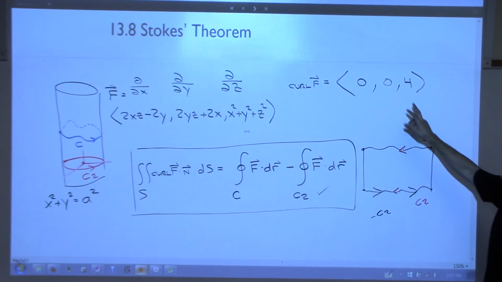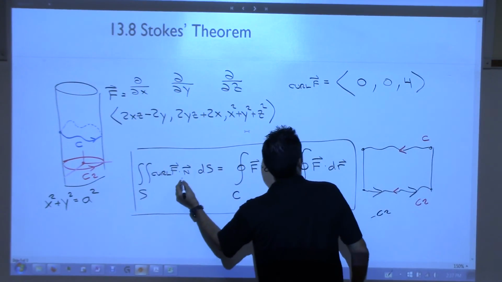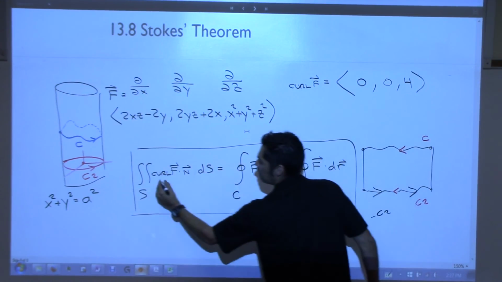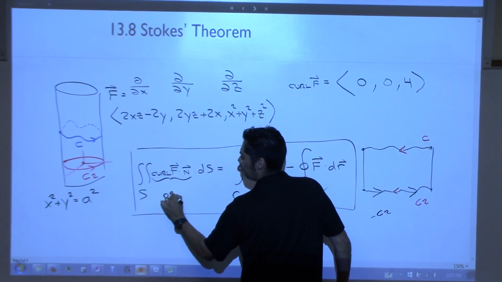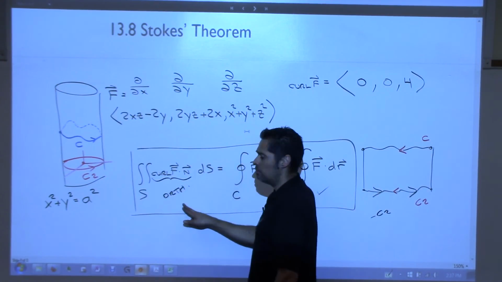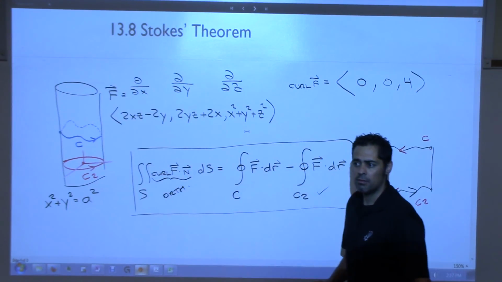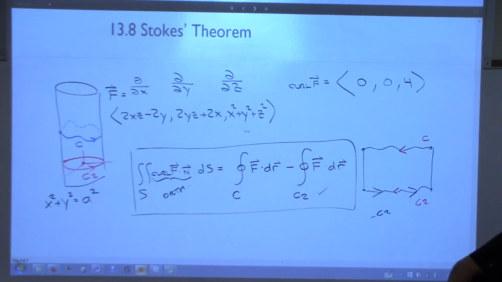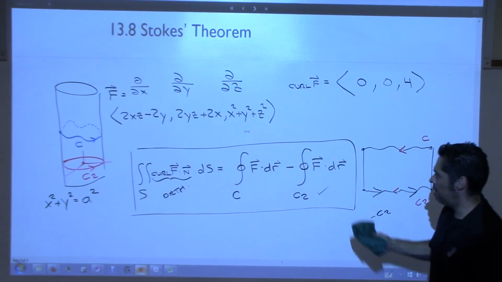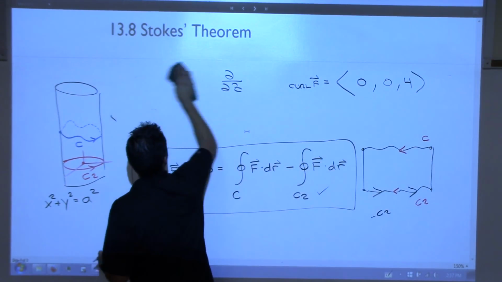Because the normal vector and the curl of f are orthogonal, their dot product is 0. And that means the left side is 0.